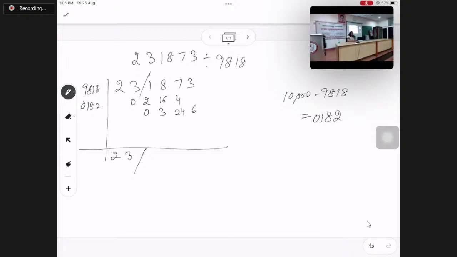Now one more thing I want to mention: suppose you want the answer in decimals. You put zeros after this, 0 0 0, and proceed in the same way. And after the 3 you put a decimal. That's it.